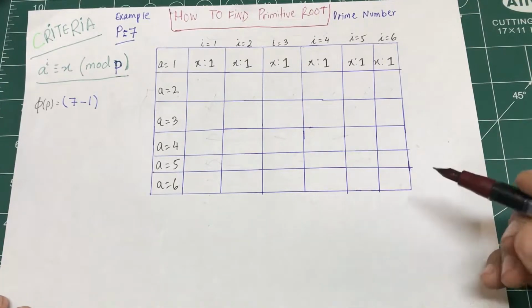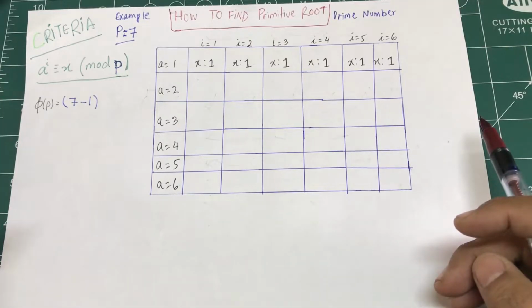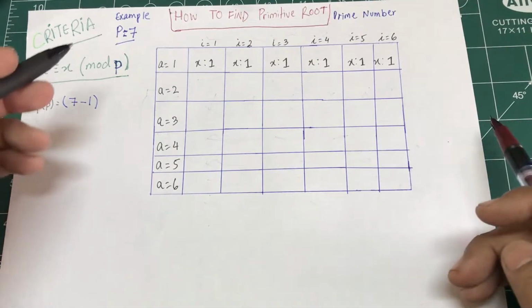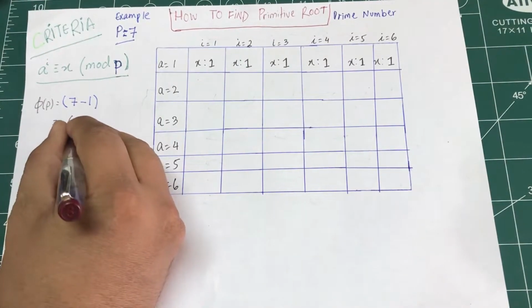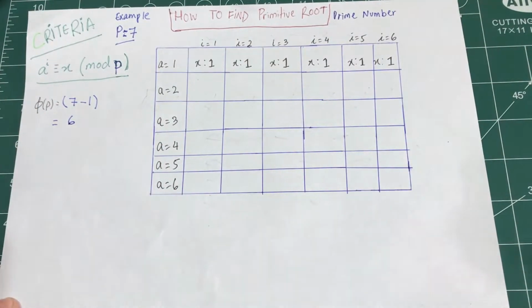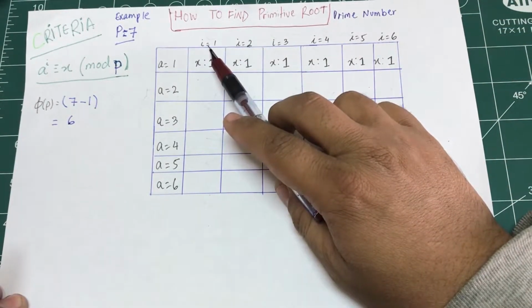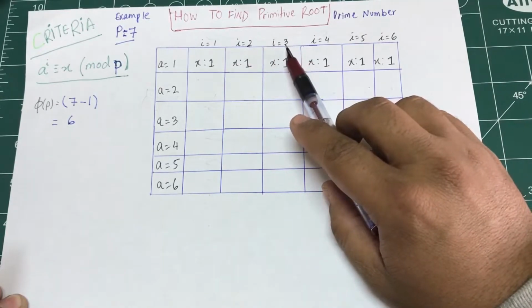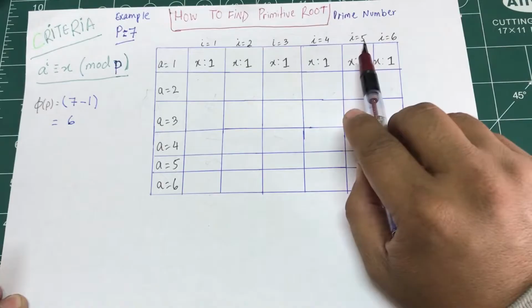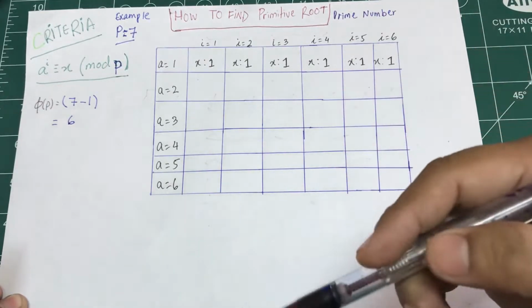So in our example, we want to find primitive roots of 7. The Euler totient function for this is the prime minus 1, so this is going to be 6. That's why I have 6 entries: i equals 1, i equals 2, i equals 3, i equals 4, i equals 5, i equals 6.